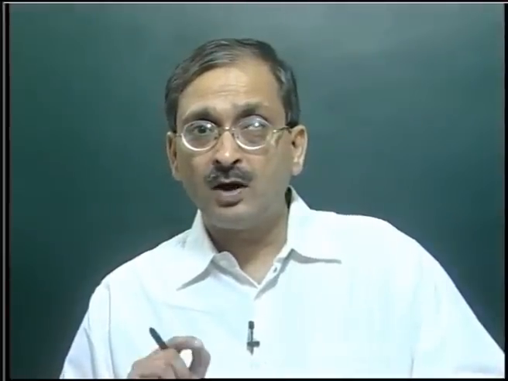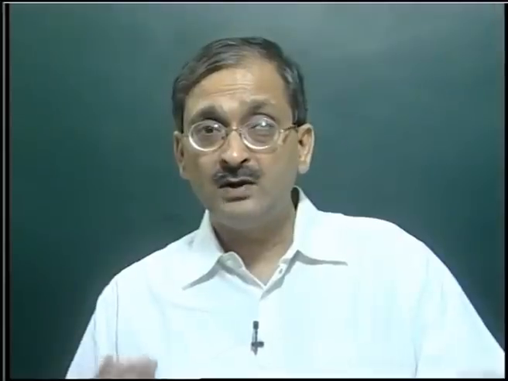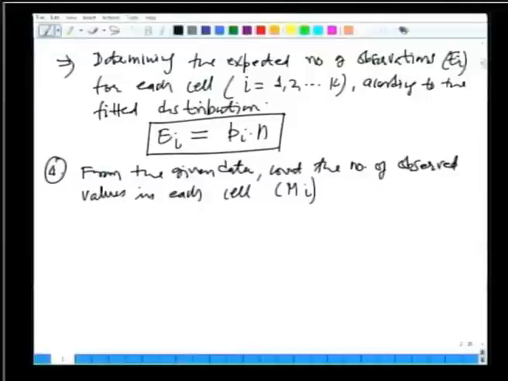So that way you will be able to get the count or the number of observations in each cell or in each class. From which source? From the data itself or the actual observations, right? So now you have the expected number of observations in each cell from the fitted distribution, and you have the same number from the data set. All right. So now we try to compare these two numbers M and E, okay, and calculate what is called the chi-square test. So that is the next step.